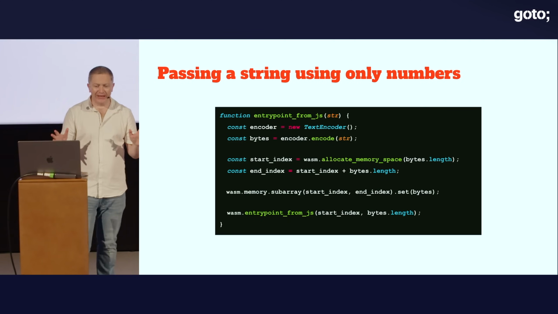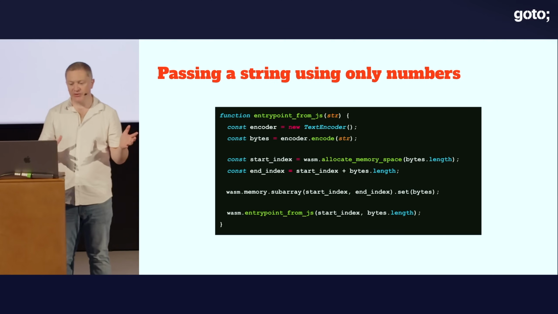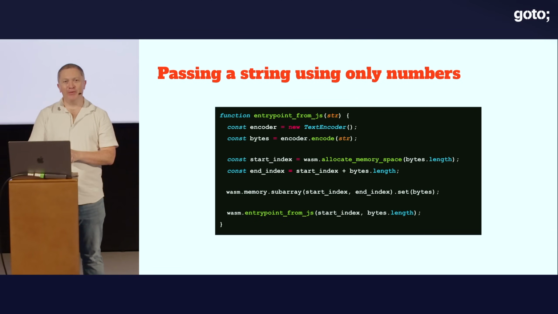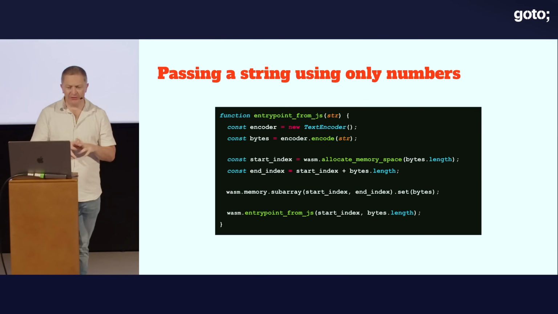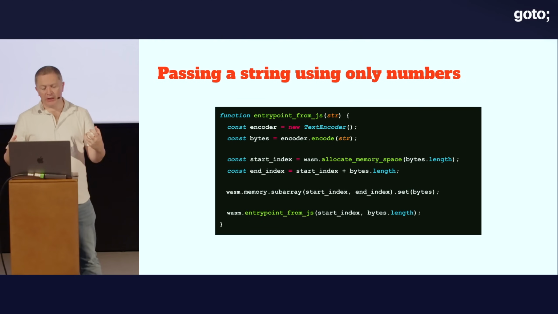So let's look at an example of what this means for something relatively straightforward, like passing a string, which is what we need to do now, passing a string from JavaScript into WebAssembly. So I mentioned earlier this entry point from JS, and that it was a wrapper around a WebAssembly function. And this is what it looks like.